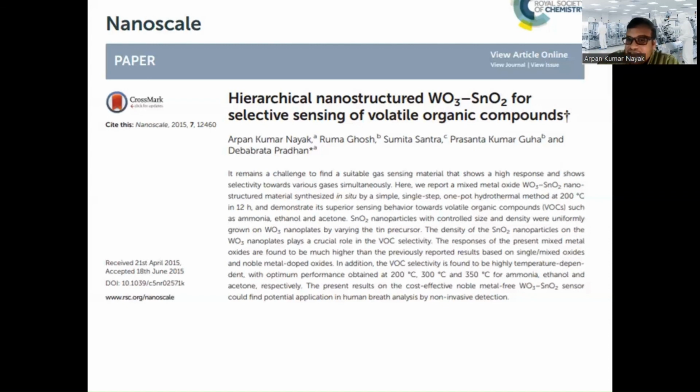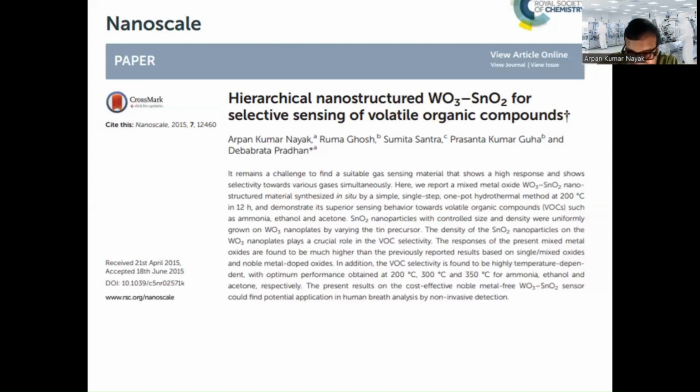Now you can see the first sentence completely matches what I discussed. It remains a challenge to find a suitable gas sensing material that shows a high response. We need this type of material which can show high sensitivity or high response towards several volatile organic compounds.